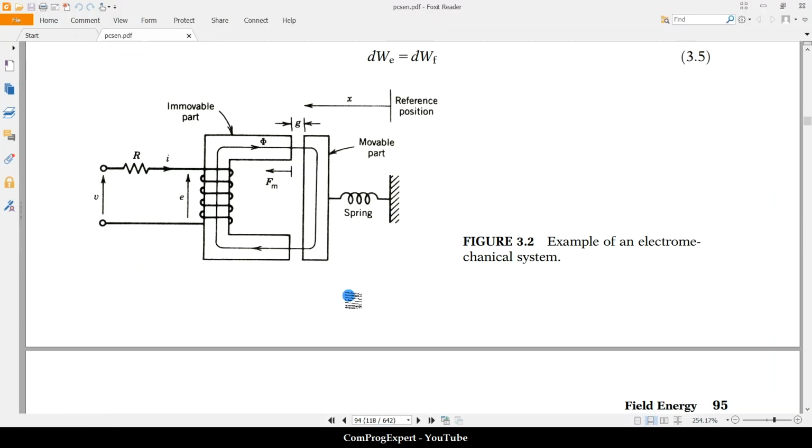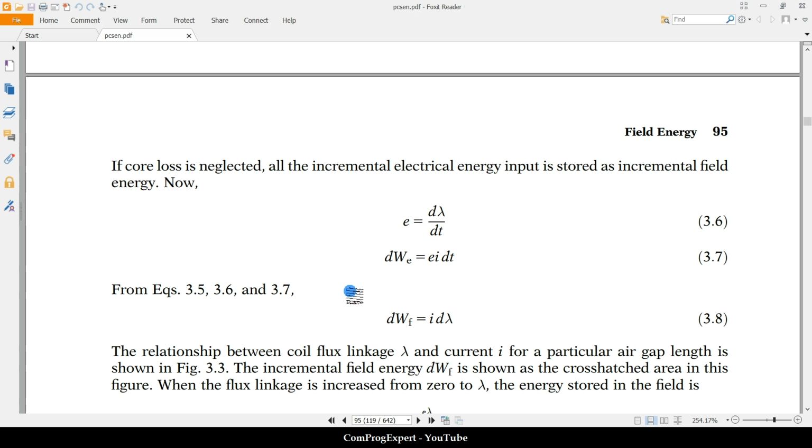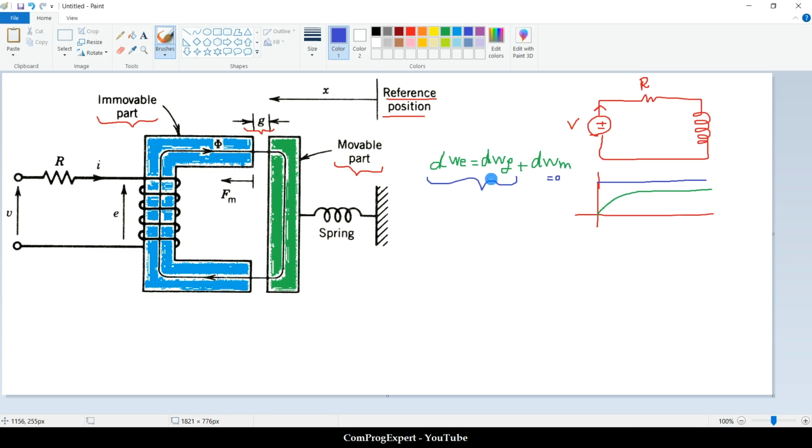So how much is the dWe? If core loss is neglected, all the incremental electrical energy input is stored as incremental field energy. Yes, we have this equation.